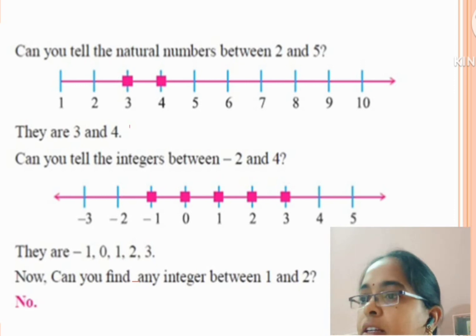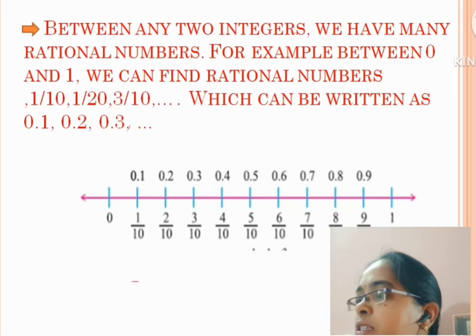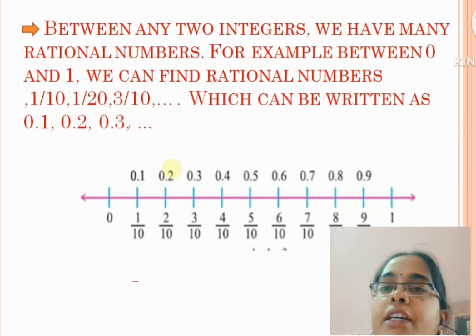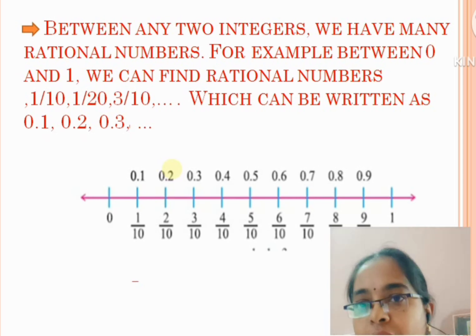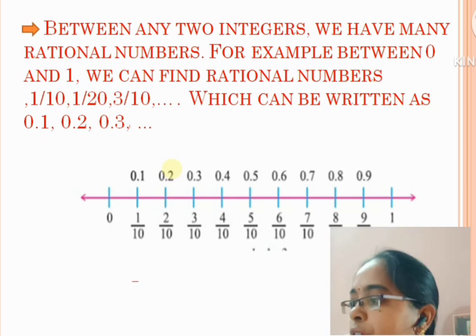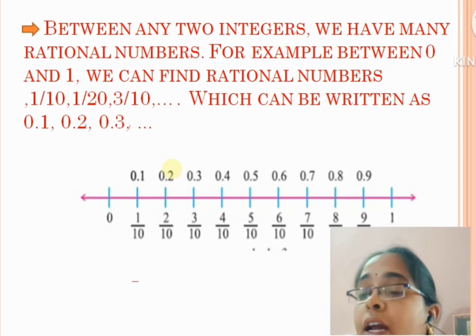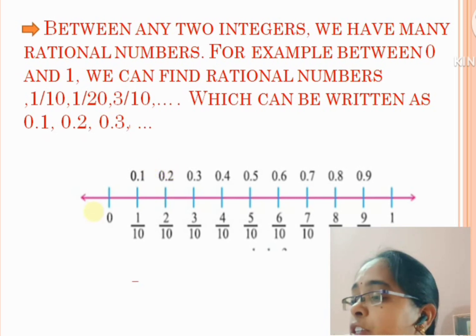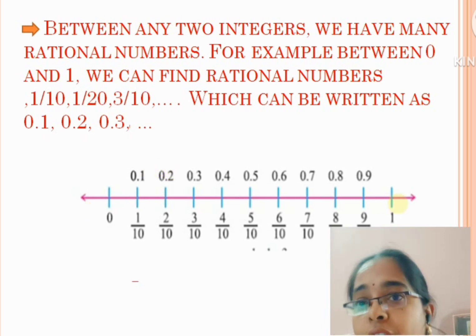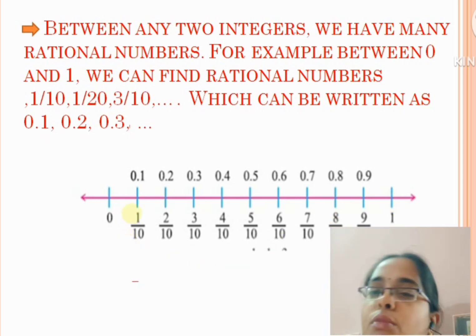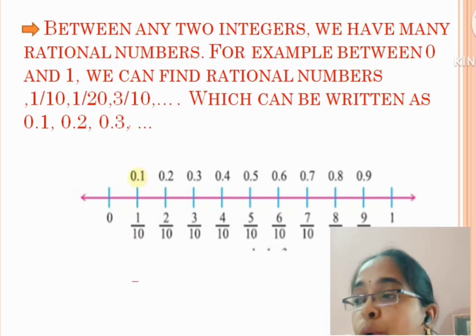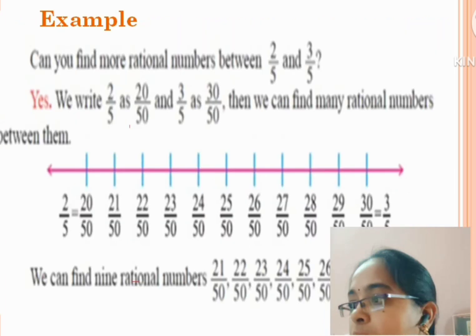Yes, we can see that on our number line. Between any two integers we have an infinite number of rational numbers. If you take 0 and 1 and divide that into 10 subdivisions, we can mark 10 rational numbers on the number line. If you subdivide 0 and 1 into 100 parts, you can mark 100 rational numbers. So there are infinite rational numbers between any two integers on the number line.